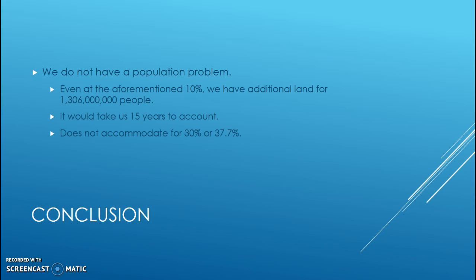So even on a low end, we have plenty of space to account for everyone, giving us plenty of time to make adjustments. So if there becomes a population problem, we need to take the 15 years and multiply it by about 3, 45 years, 45 to 50 years for a nice range.